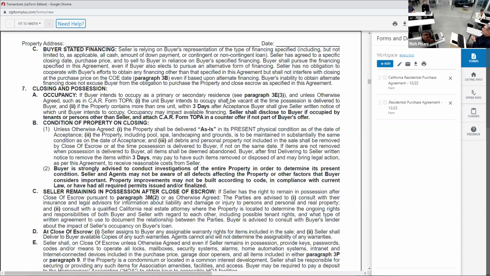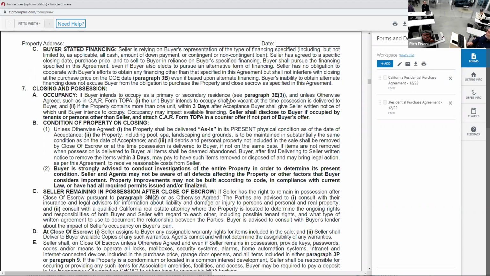So then the seller can cancel based on that. And that's a problem because they don't have that right. The seller cannot cancel just because the buyer wants to ask for something to be repaired or wants a credit, just because it was in a counter.